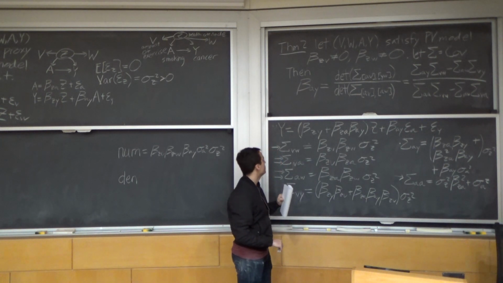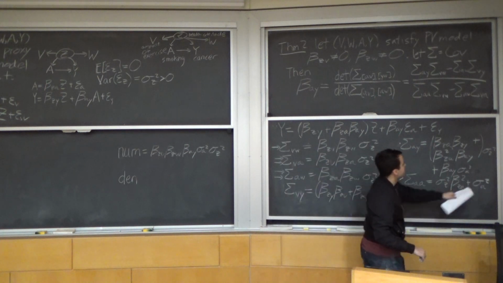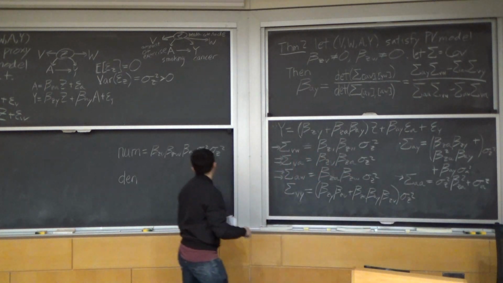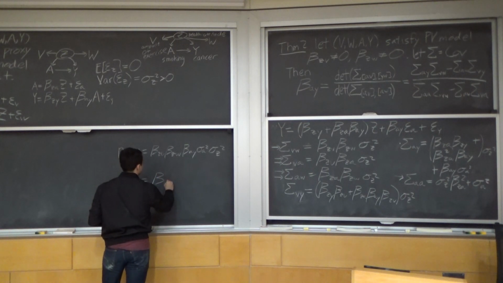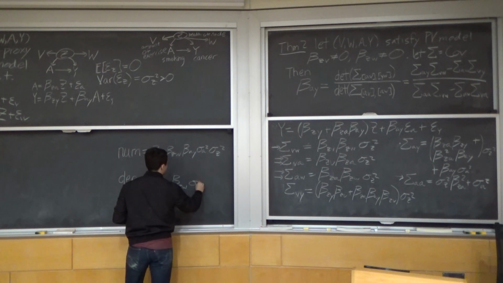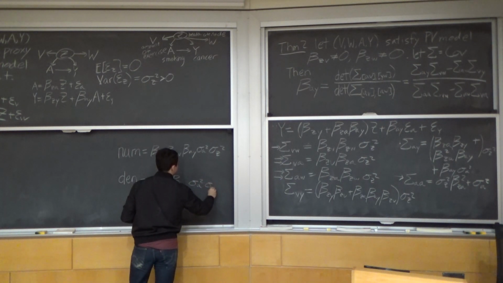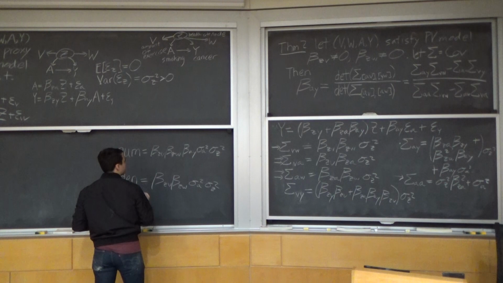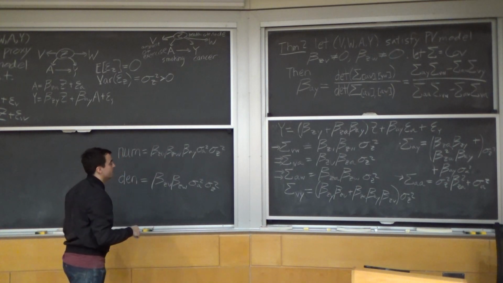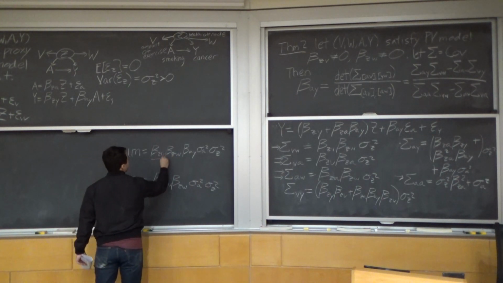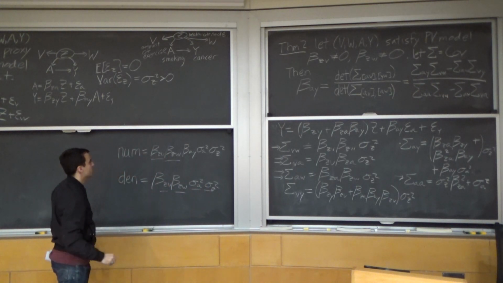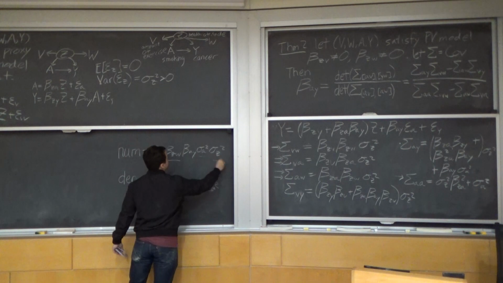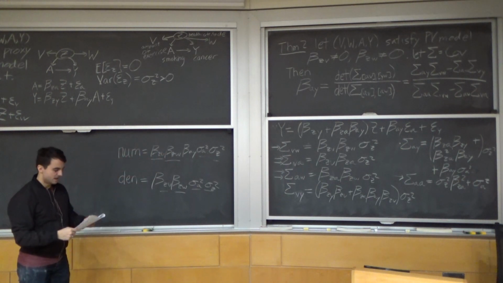So the only term left is sigma a squared times all of this, which is just beta zv, beta zw, sigma a squared, sigma z squared. And we see immediately that under our assumptions that these are not zero, the denominator is not zero, so we can divide. Everything cancels out except for the beta ay term.